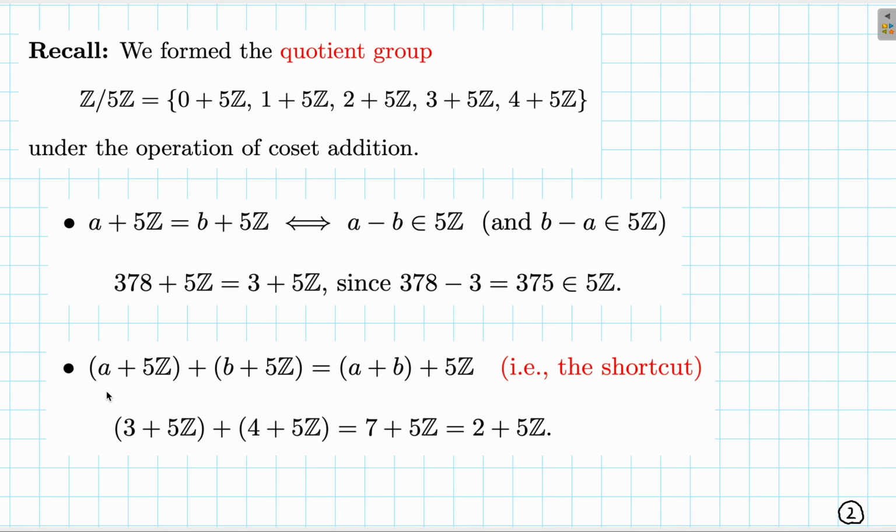Thus, the coset sum a plus 5Z plus b plus 5Z is the coset a plus b plus 5Z. And using this shortcut, the coset sum 3 plus 5Z plus 4 plus 5Z is 7 plus 5Z, because 7 is 3 plus 4, and 7 plus 5Z reduces to 2 plus 5Z because the difference of the coset representatives, 7 minus 2, is 5, which is in 5Z. And so that's the shortcut that we have for adding cosets.